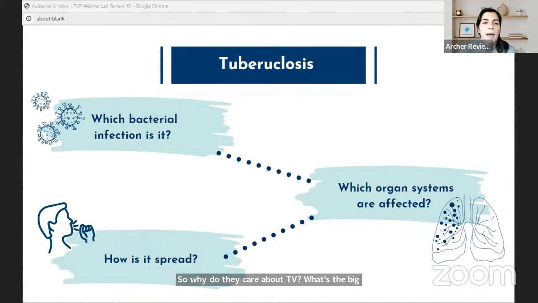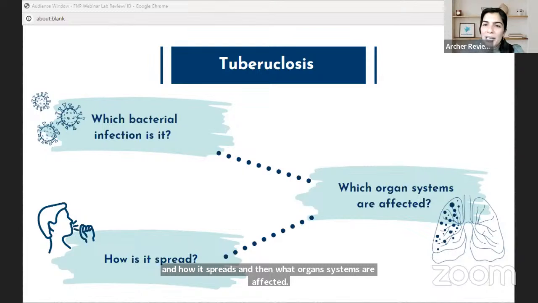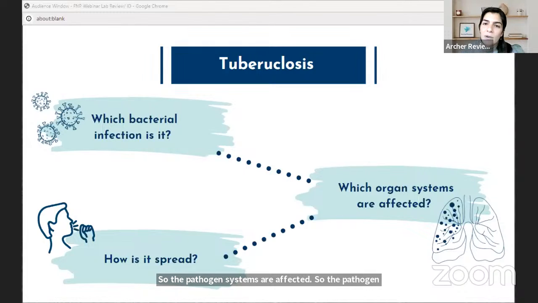Let's talk a little bit about which bacterial infection it is, how it spreads, and then what organ systems are affected. The pathogen for TB is Mycobacterium tuberculosis. This bacteria has a waxy coating and it's very resilient against both environment and time. It can live on most surfaces for months, which is not great. It spreads through droplets, and it mostly affects the lungs.